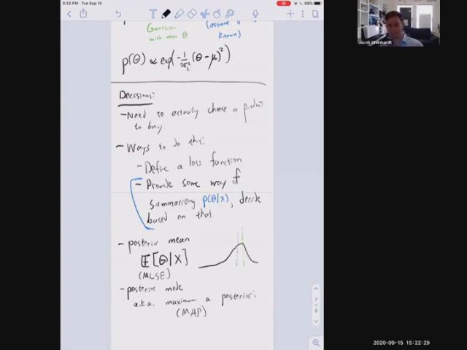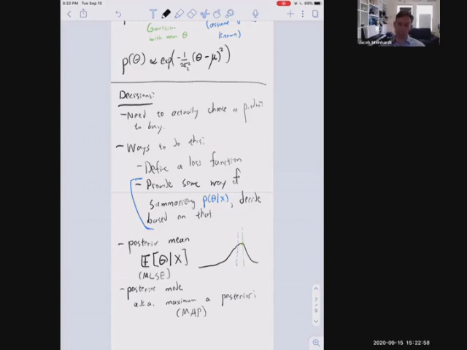No, the M has to stand for something else. Anyways, the reason for that is if you were trying to guess the parameter theta and you wanted to minimize the expected squared distance between your guess and the truth, you would pick the mean. Oh, minimum least squares estimator. Thank you. Yes, this is the minimum least squares estimator.